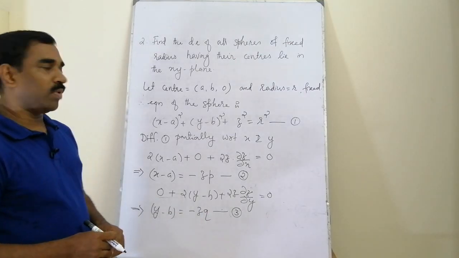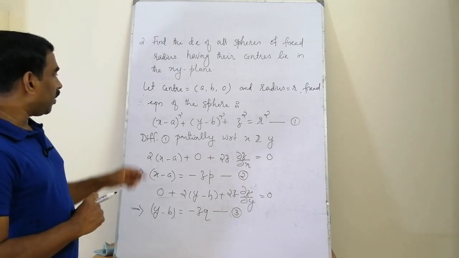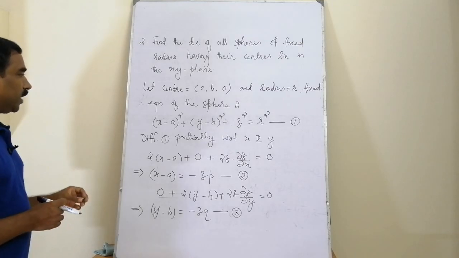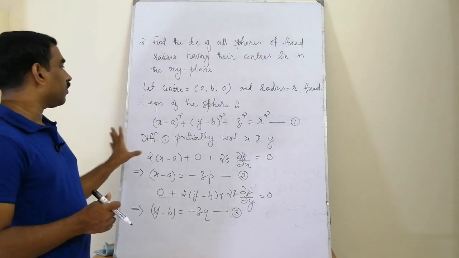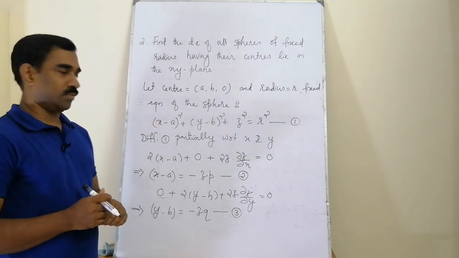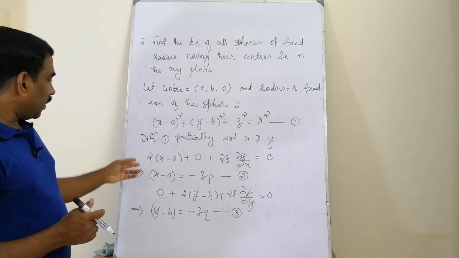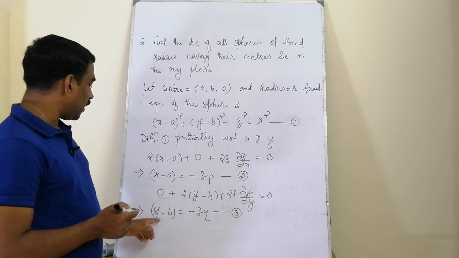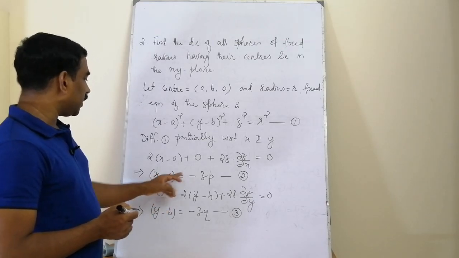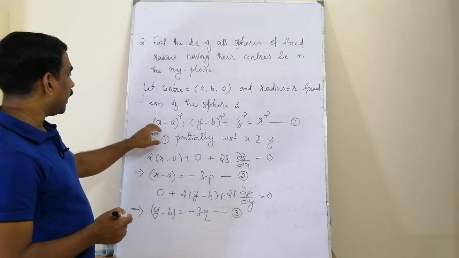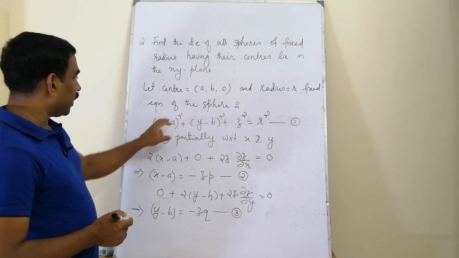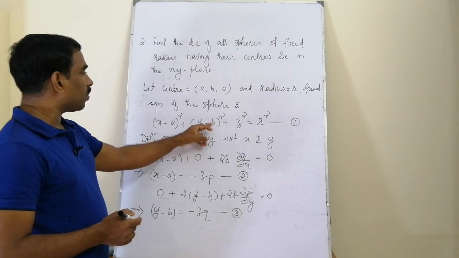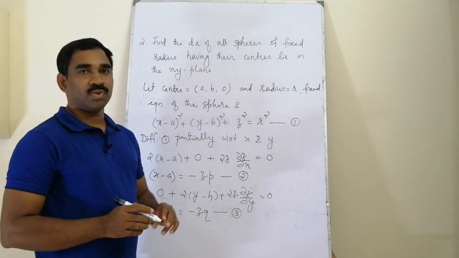Which method can we apply for elimination? Our aim is to construct a relationship which is independent of the arbitrary constants a and b. We can directly substitute the values of x − a and y − b. x − a is −zp, so (x − a)² becomes (−zp)², and (y − b)² becomes (−zq)², plus z² equal to r².